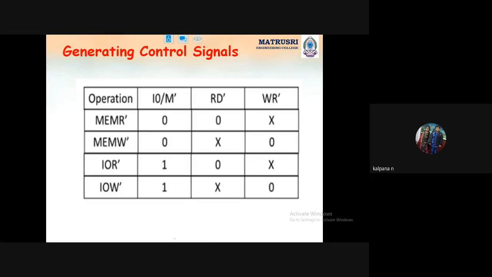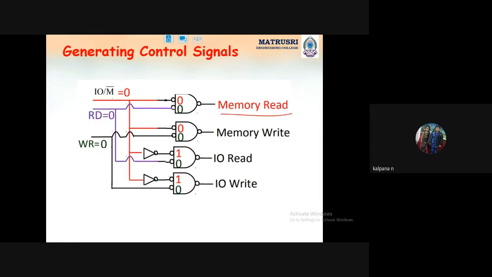Next, memory write operation. For memory write operation, IO/M bar should be 0 and WR bar also 0. So again both 0.